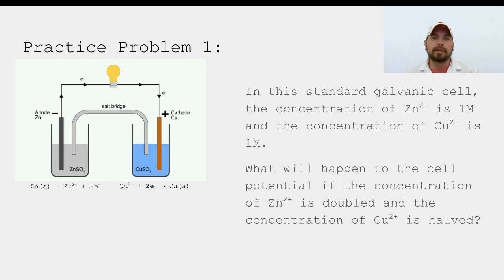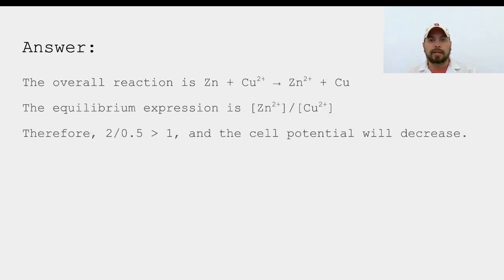So if we look at this process, we see that the zinc is being oxidized and the copper is being reduced. That means that the Q value is going to equal the concentration of zinc divided by the concentration of copper ions. The concentration of zinc goes from 1 to 2, so it's 2 over the concentration of copper, which is 0.5.